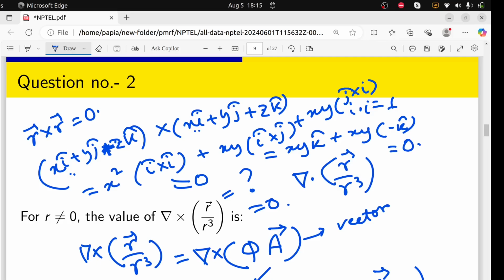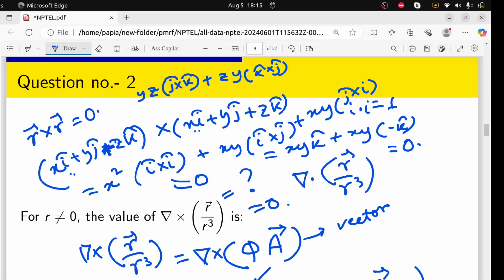Similarly, all other terms will come with some values which will cancel out with the other combination. So j cap cross j cap will come as 0. But j cap cross k cap means y z j cap cross k cap, and I will have another one where z y k cap cross j cap.